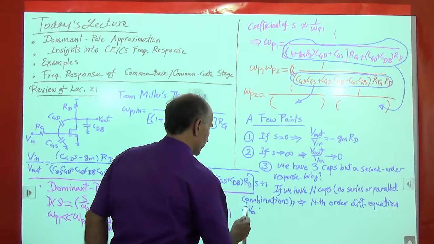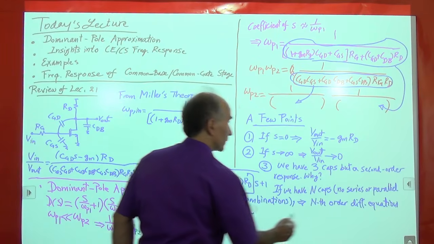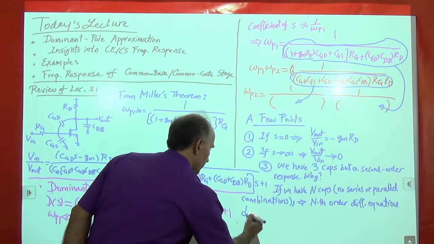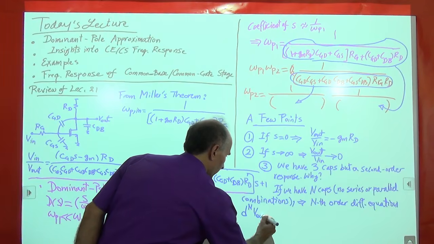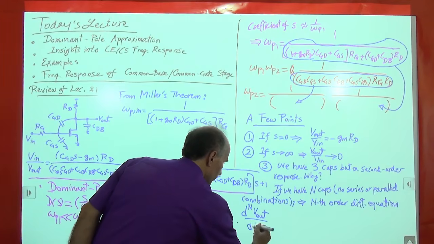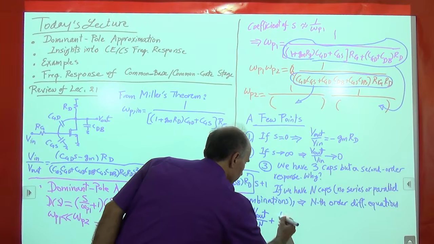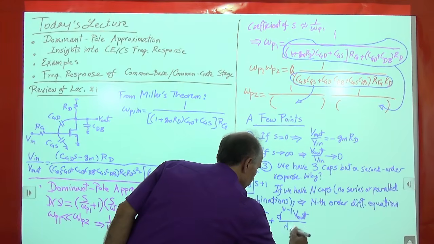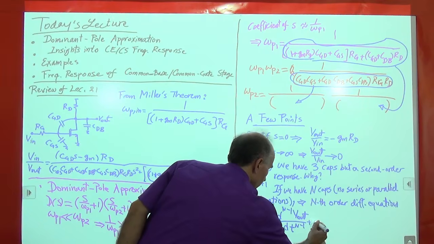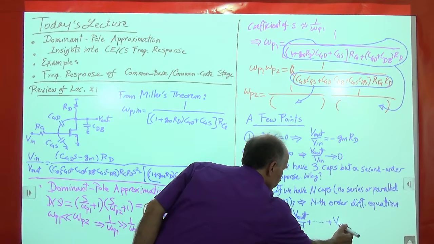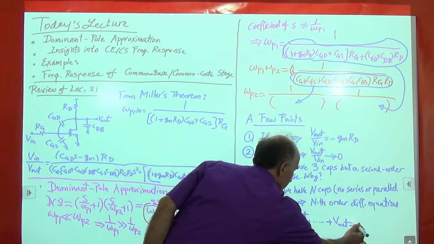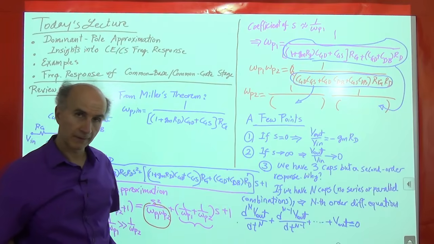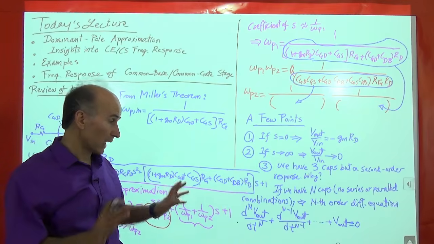So we have an nth order differential equation, which we will write as d^n V out over dt^n plus d^(n-1) V out over dt^(n-1) all the way to V out equals maybe 0, maybe some number. It doesn't matter here, okay? That's the nth order differential equation. Okay, so yes, that's true.